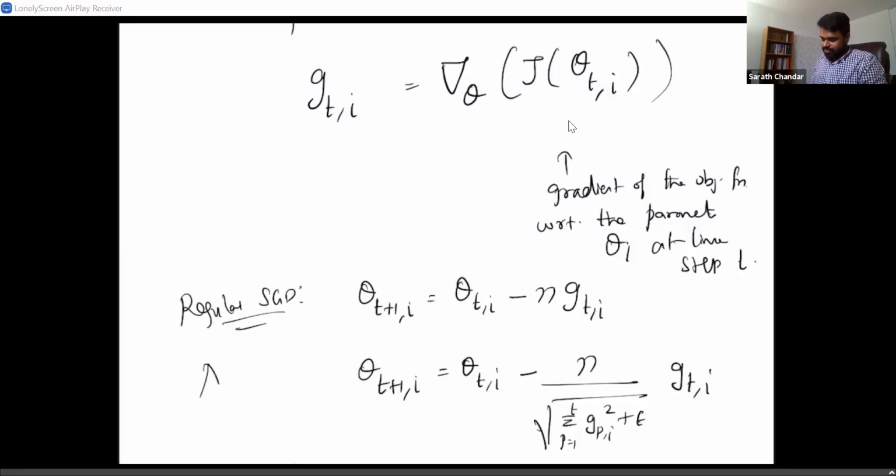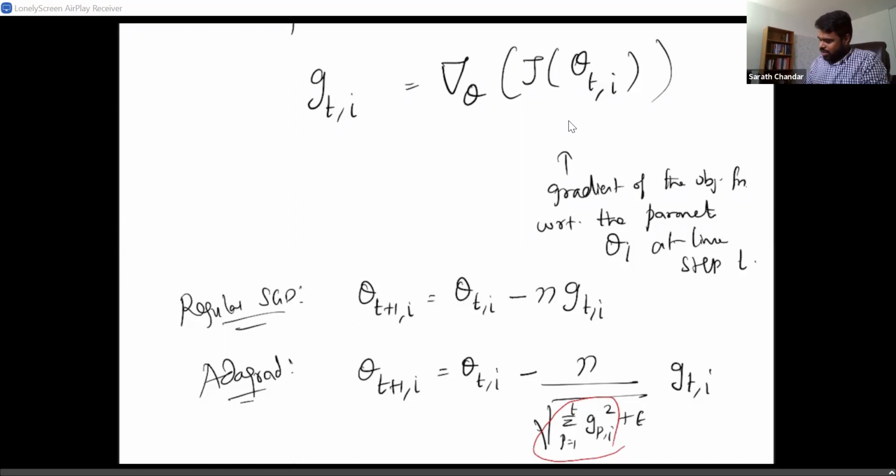This is AdaGrad. So what is AdaGrad doing? This term is basically the sum of squares of the past gradients, and then you take a square root. If I have a lot of large gradients in the past, then the denominator is going to be very high. If the denominator is high, the learning rate is going to be small.